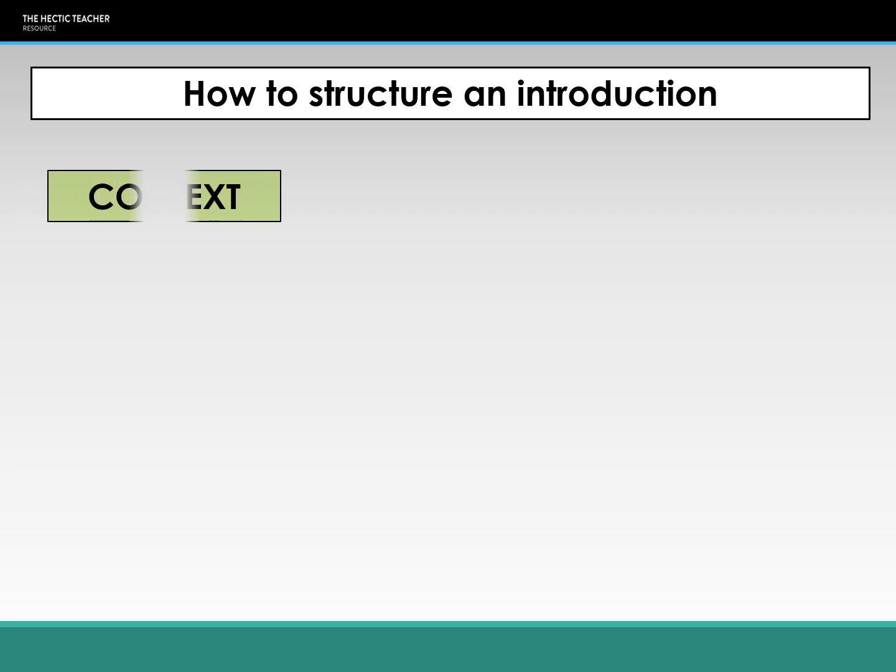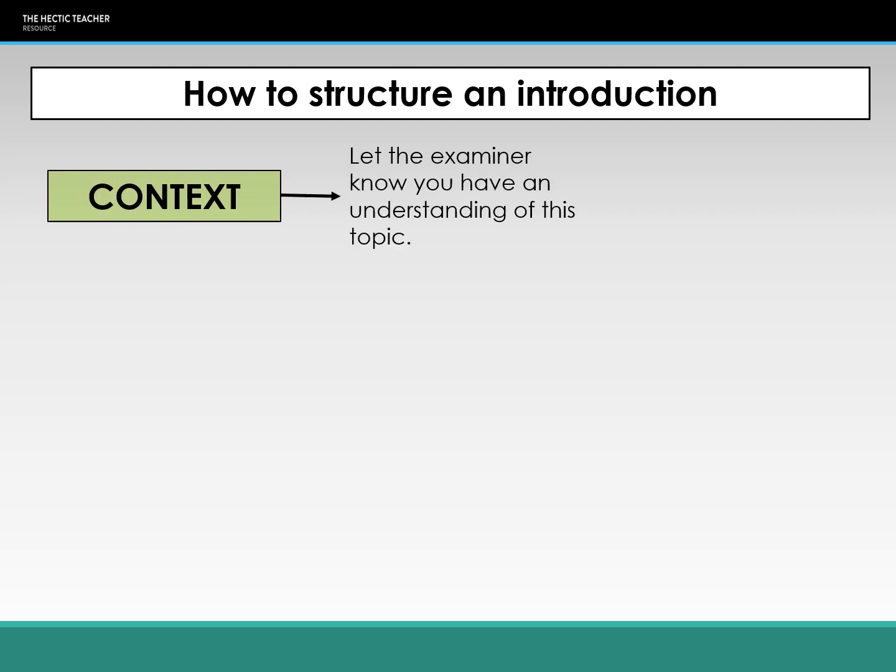So first of all, when we talk about context, as I've said before, the context lets the examiner know you have understood the topic. You've understood what it is that you need to do, and what it is you need to answer the question about, and you have an understanding about that area of sociology.